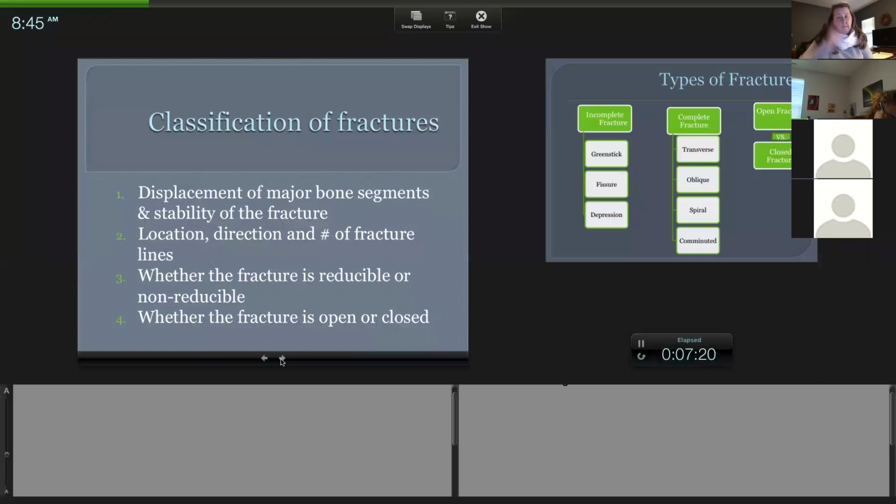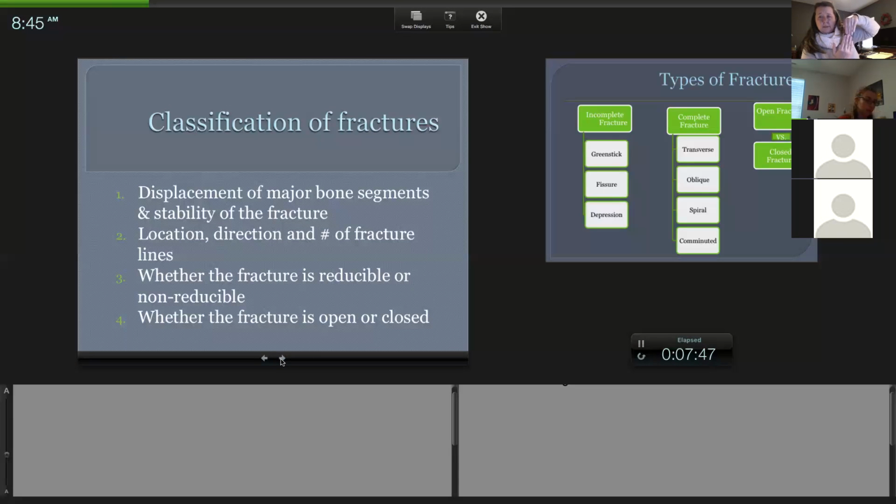So this is an important slide, because how do we classify fractures? One of the first things is, is there displacement of the segments? So when you break a bone in half, there are 2 segments, okay? Now, are those segments in line, or are they displaced?